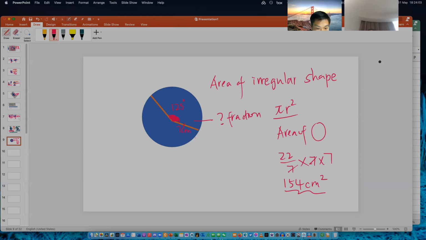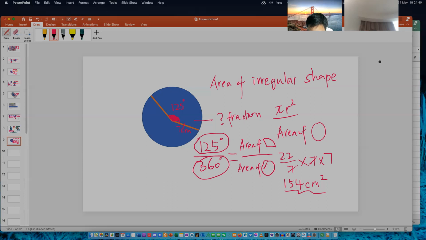So basically what you do is you find out this 125 degrees is what fraction over 360 degrees. If the angle 125 over the total 360, this fraction is equal to the area of the irregular shape over the area of the entire circle.